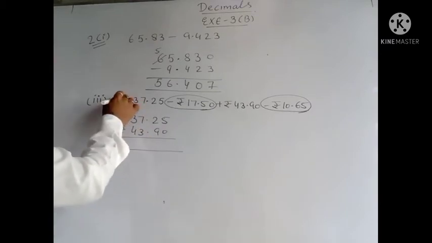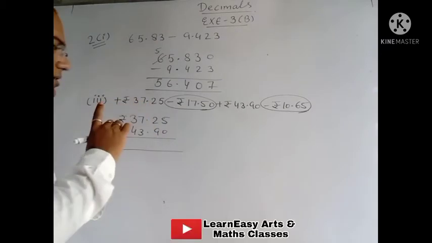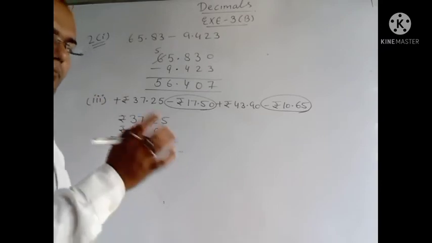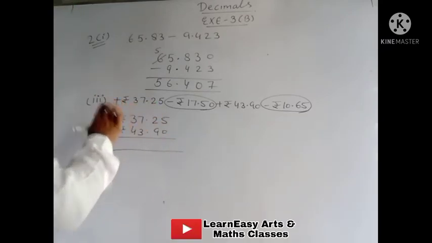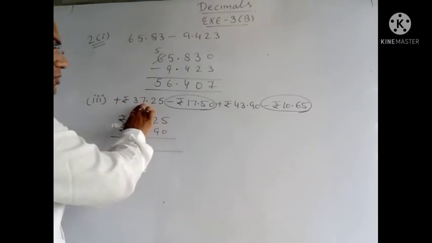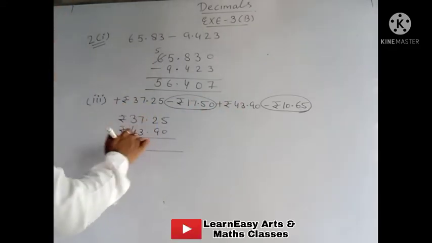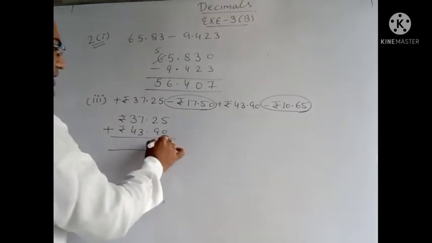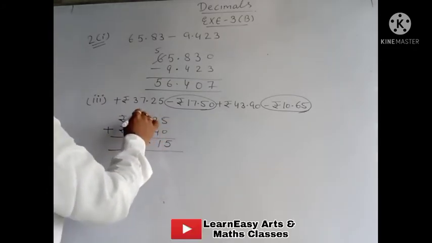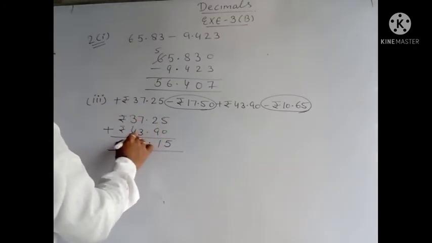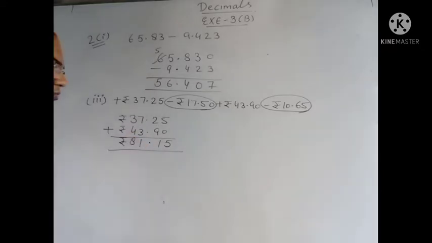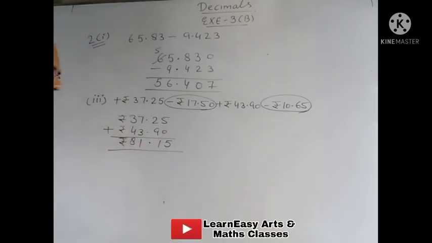On the left hand of this number nothing is given, neither a plus sign nor a minus sign. So in such a case we have to take a plus sign here. So this is a positive number, this is a positive number, plus and plus is plus, that's why we will add them. On adding we will get 81.15 rupees.